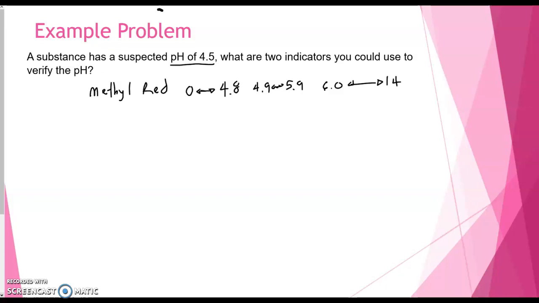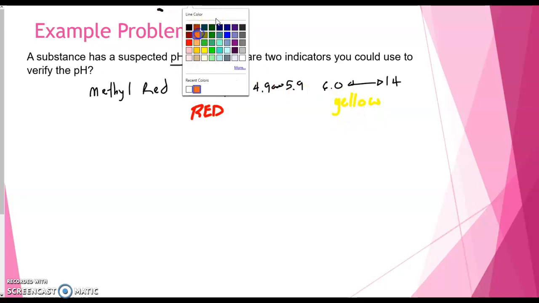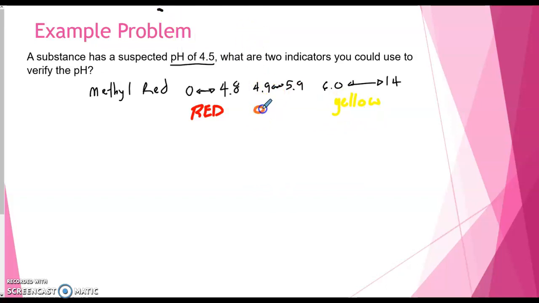From 6.0 to 14, we are going to have a color of yellow. When you combine red and yellow together, you're going to get orange. And luckily, we've got orange.